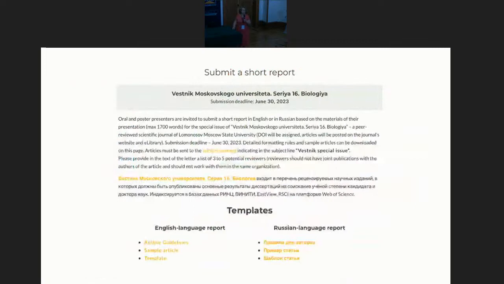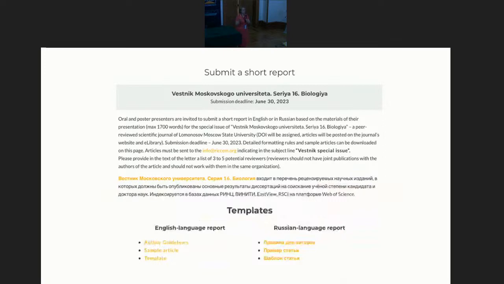Also I would like to remind you that we are going to publish a special issue of Vestnik. So we invite all of you to submit a short report, but this short report is not an abstract, it's an article, but it should be no more than 1,700 words altogether.